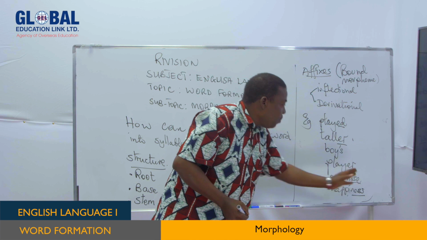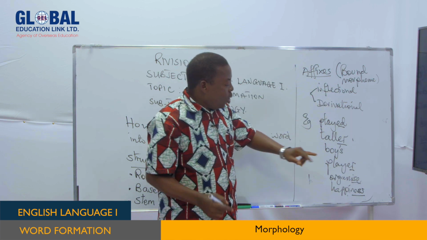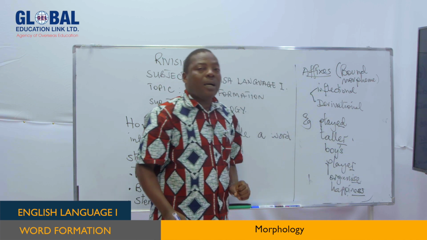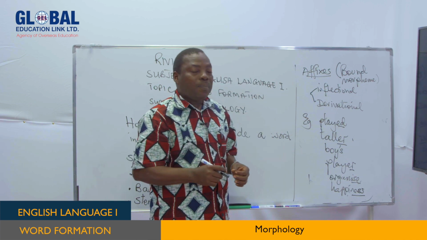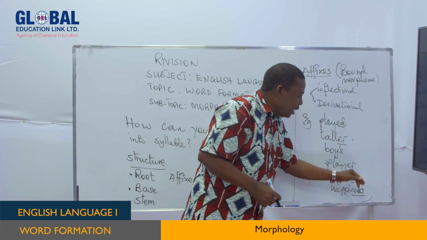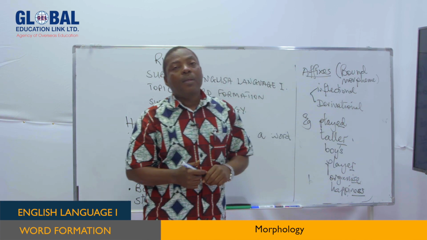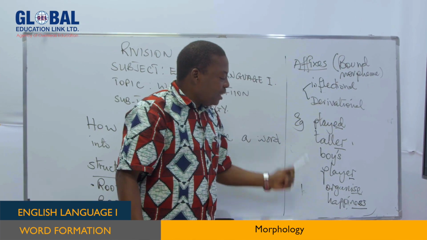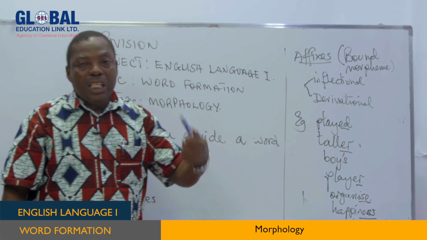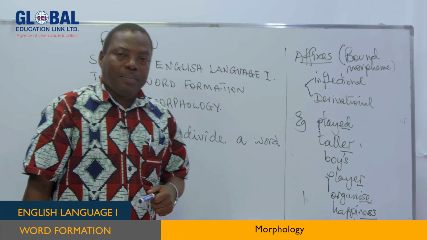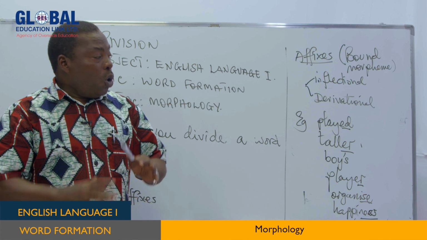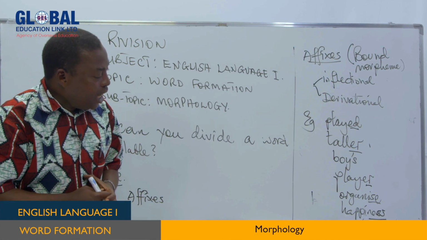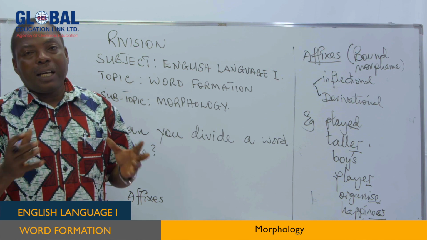These are said to be derivational attachments because when you have a word play as a verb, attaching the er makes it a noun. Organ is a noun, attaching the ise, it changes to become a verb. Happy is an adjective, attaching ness, it changes to become a noun. So with such kind of an attachment, it makes a word change from one word class to another word class.